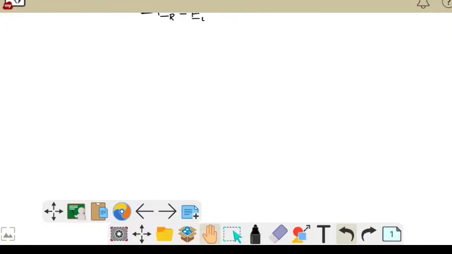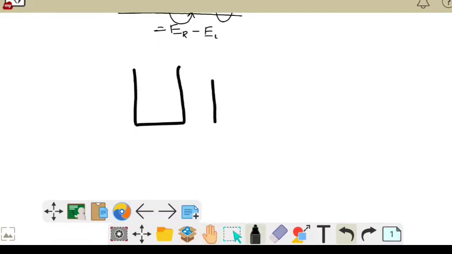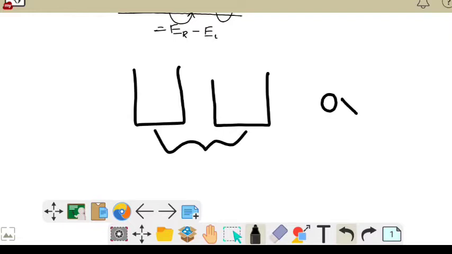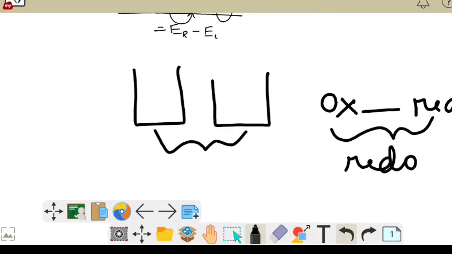Now in the Daniell cell, you know that a redox reaction was occurring, right? Redox reaction means oxidation and reduction take place simultaneously. So in this beaker oxidation and in this beaker reduction, right? You cannot separate them, because in the whole cell a redox reaction was occurring, in which both oxidation and reduction occur.